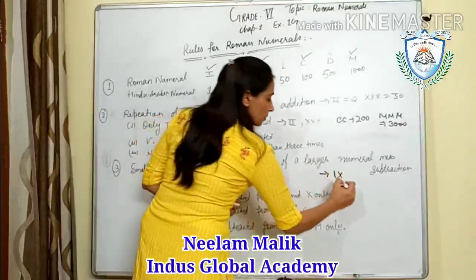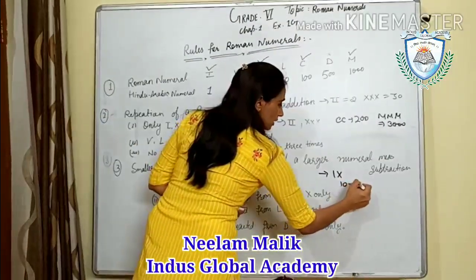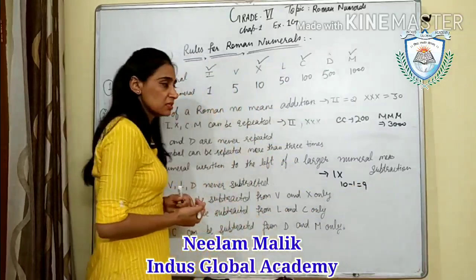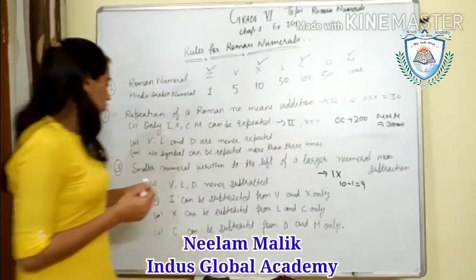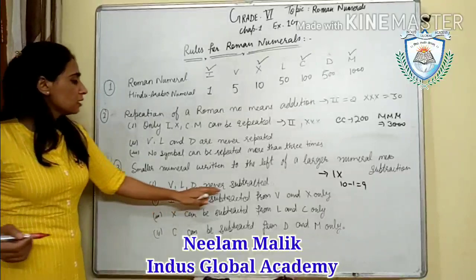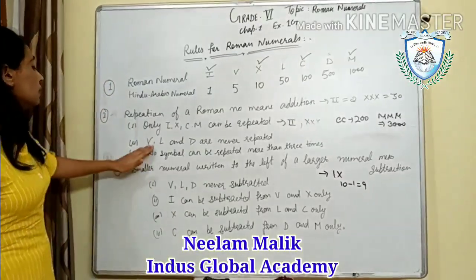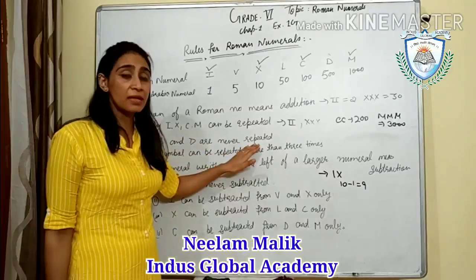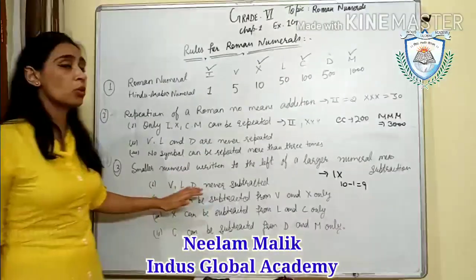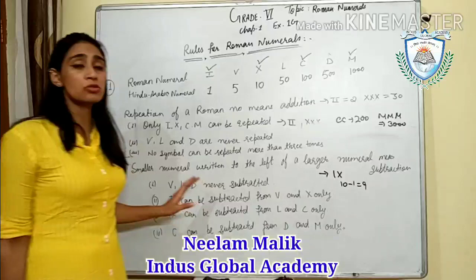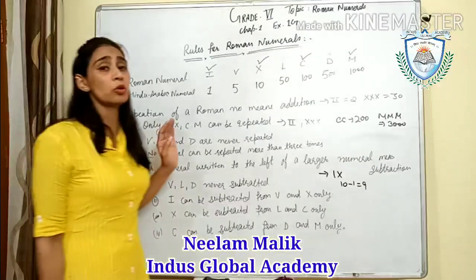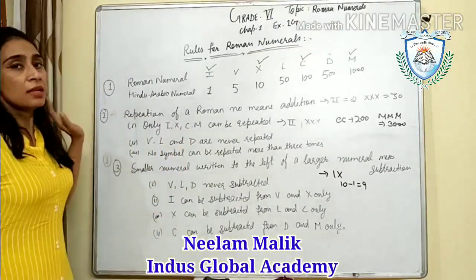We will subtract 10 minus 1, that means 9. V, L and D are never subtracted. The symbols that we never repeat, we will also not subtract, meaning we will not use those symbols on the left hand side.